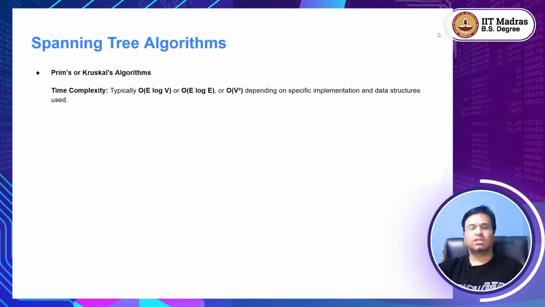We use the following algorithms, like Prim's or Kruskal's. These algorithms are used to find an MST. Prim's algorithm grows a tree from a starting vertex, while Kruskal's algorithm adds edges in increasing order of weights. The time complexity for these algorithms is typically Big O(E log V) or Big O(E log E) or Big O(V squared) depending on the specific implementation and data structure used.